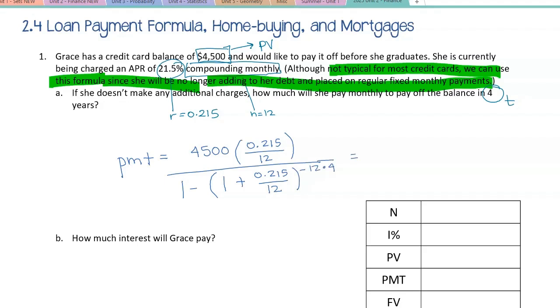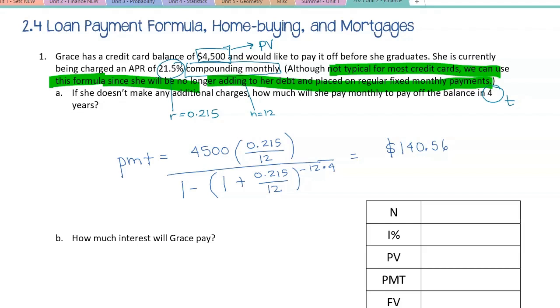Now, this is a great place for you to pause the video and practice your calculator skills. As you enter this into your calculator, verify that you get $140.56 a month. That's how much she's going to pay in her payment.